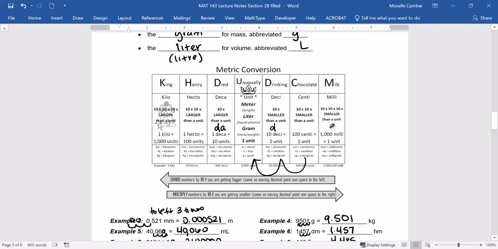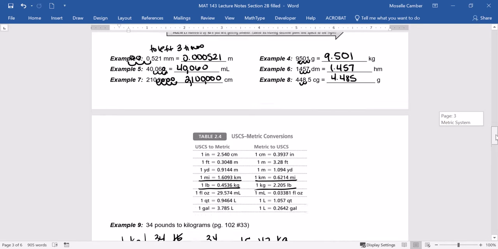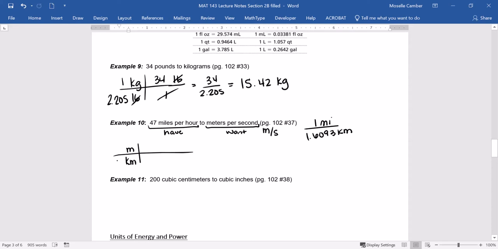Now whether you go left or right depends on where you put the 1. I suggest putting the 1 on the bigger unit. So in this case, the kilo is bigger than just the regular unit. So I'm going to say 1 kilometer, and then I'm going to convert that to meters.